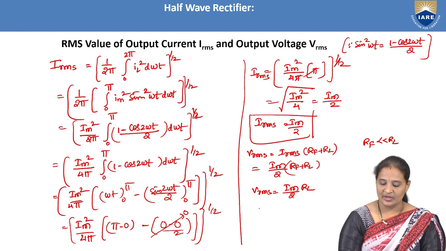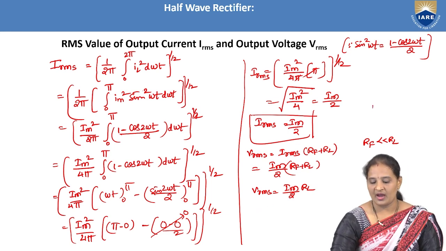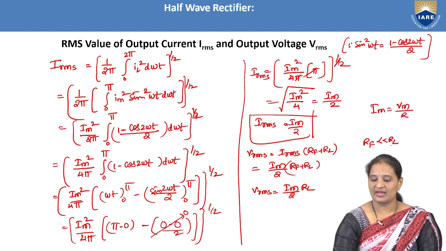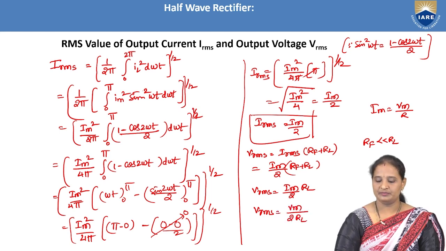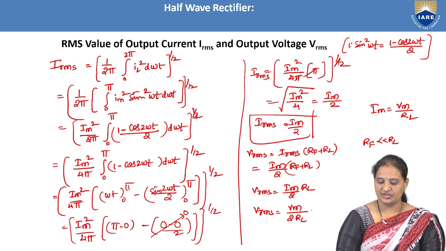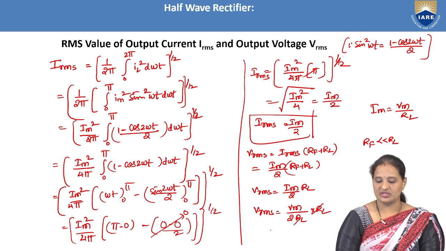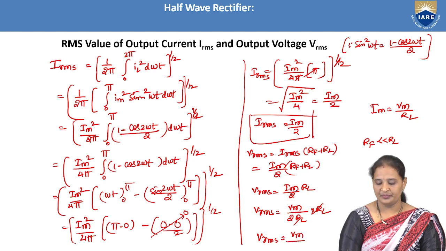And similarly, you can substitute Im equals Vm by RL by considering this condition. So VRMS is also equal to Vm by 2 into RL into RL. So this one gets cancelled, and VRMS becomes Vm by 2.